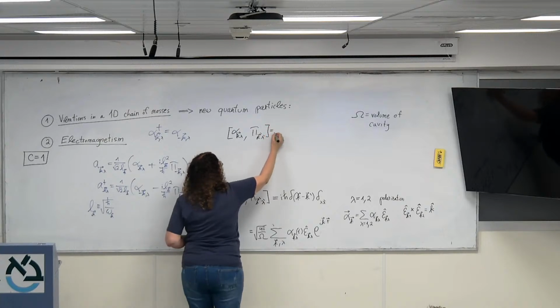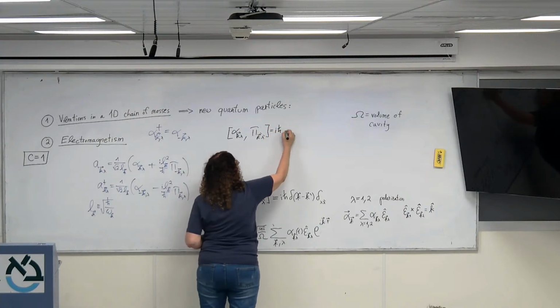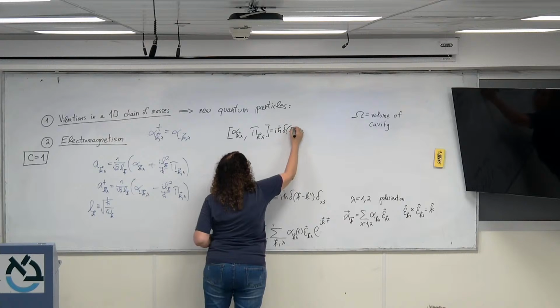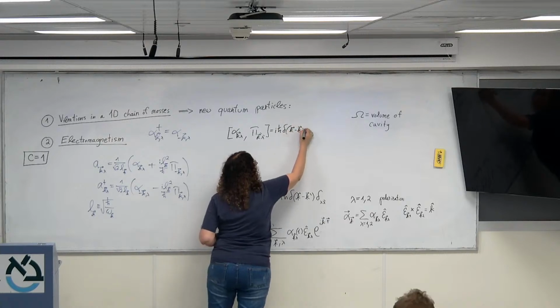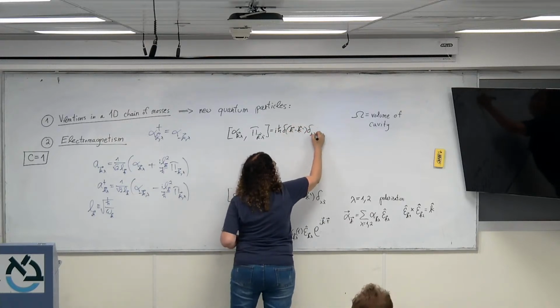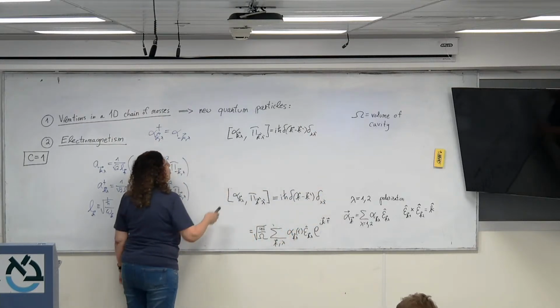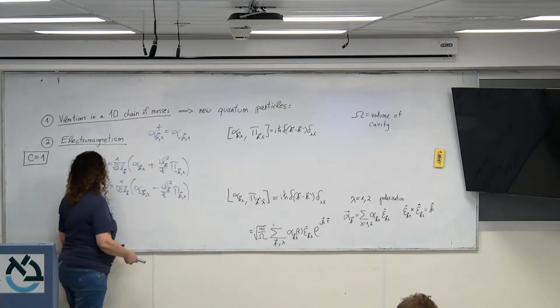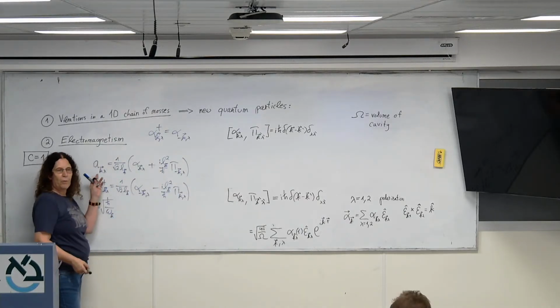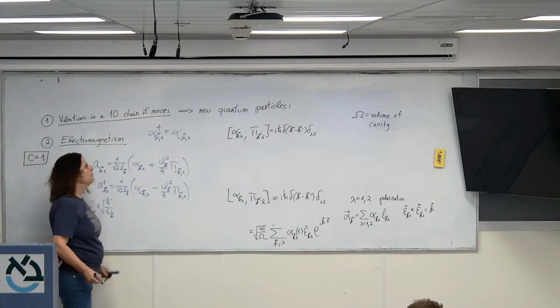Which are i h bar delta of K, K prime, and delta of lambda, lambda prime. If you plug them into the commutators of A and A dagger, what do you get?